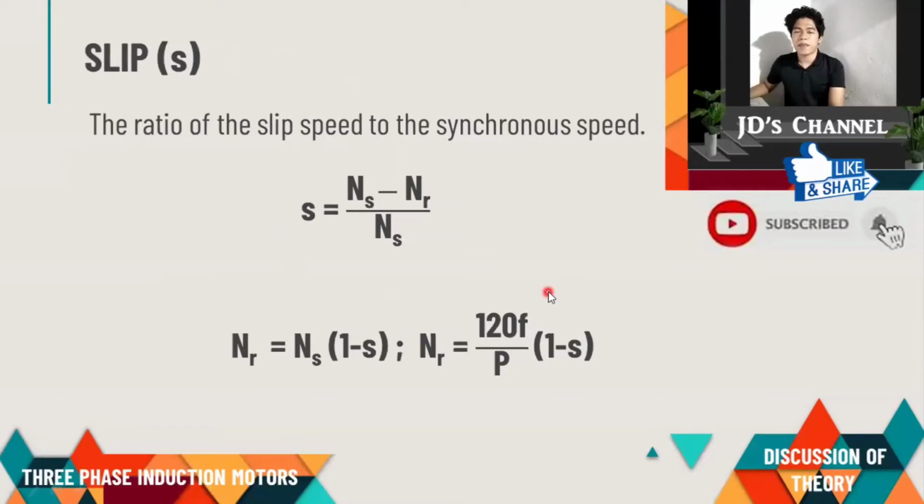And the slip, which is the small s, is the ratio of the slip speed to the synchronous speed.